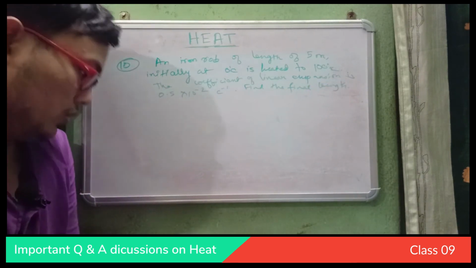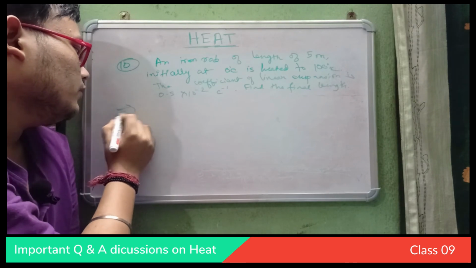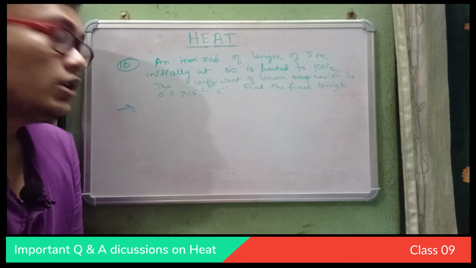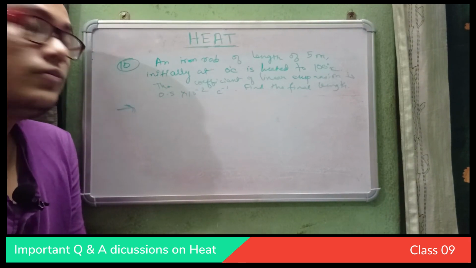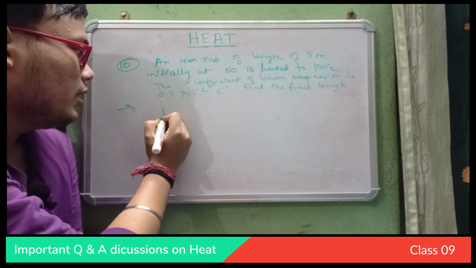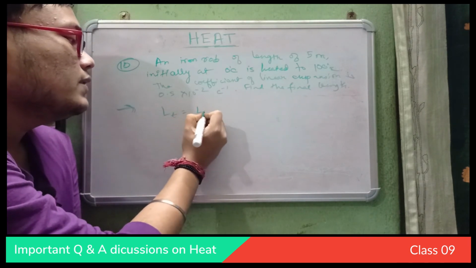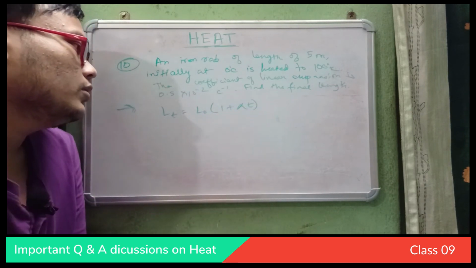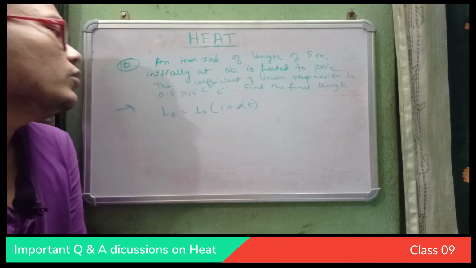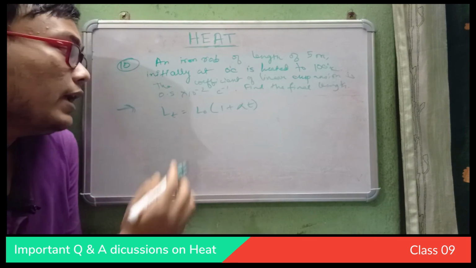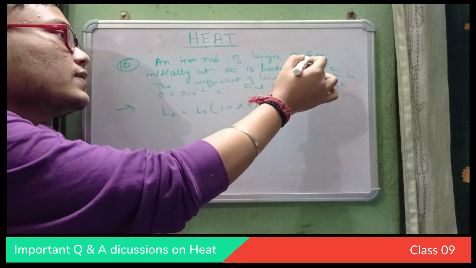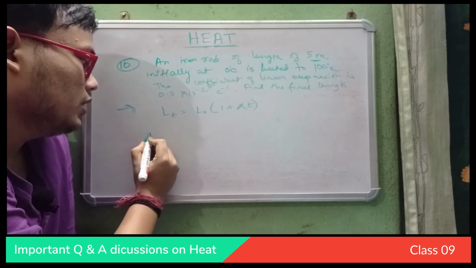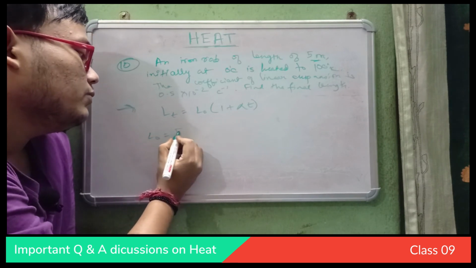Now we know from thermal expansion, we had derived the equation LT equals L0 times (1 plus alpha T). LT is the final length, L0 is the initial length, which is given as 5 meters.